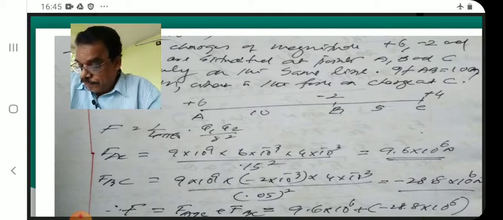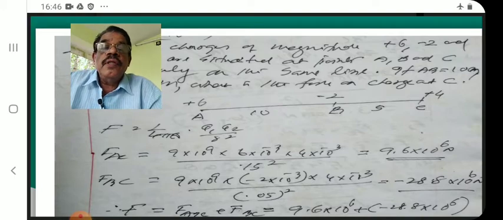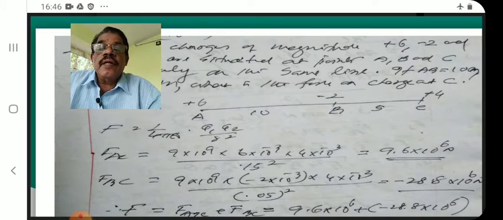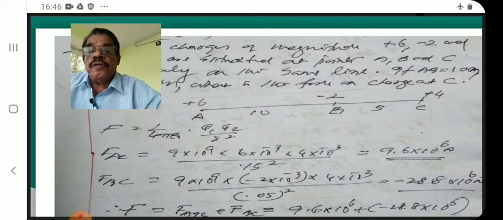The answer is minus 28.8 into 10 raised to 6 Newton. The minus sign for force means it's an attractive force, because the charge at B is a negative charge.